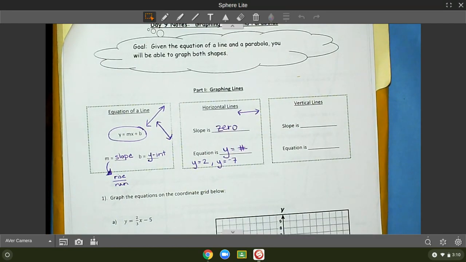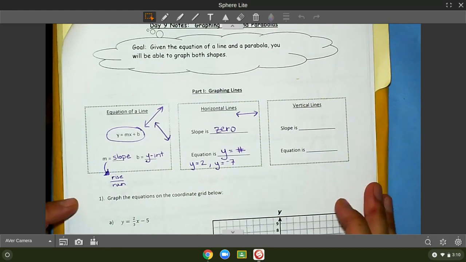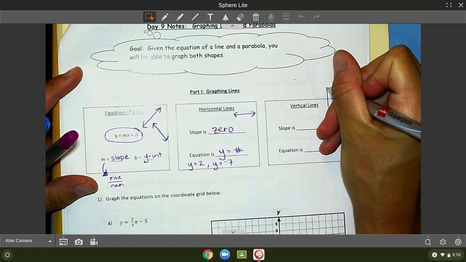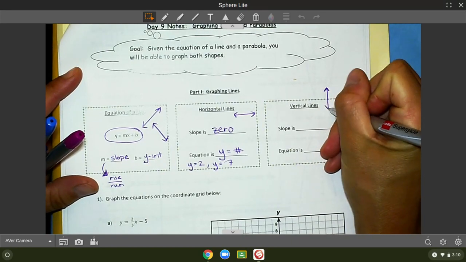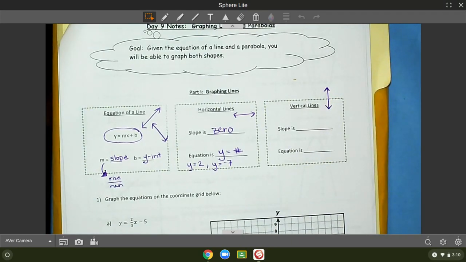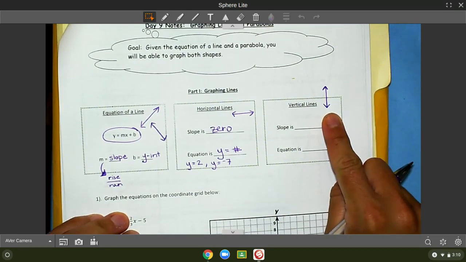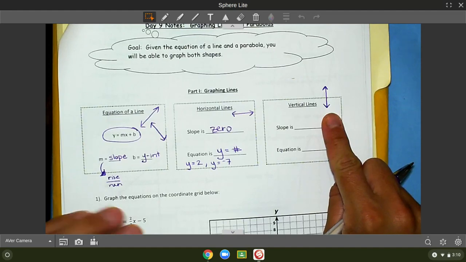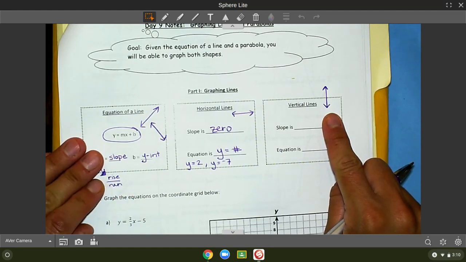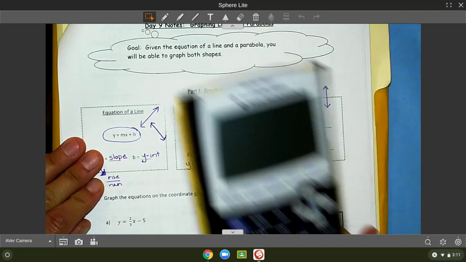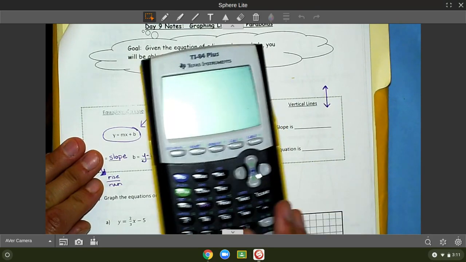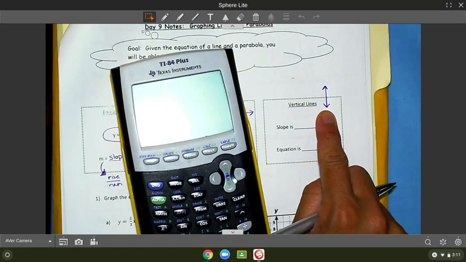The last type of line we have is a vertical line. A vertical line goes straight up and straight down. A vertical line is unique because it fails the vertical line test and it is not a function, which means your calculator cannot graph a vertical line. It doesn't know how to do it.